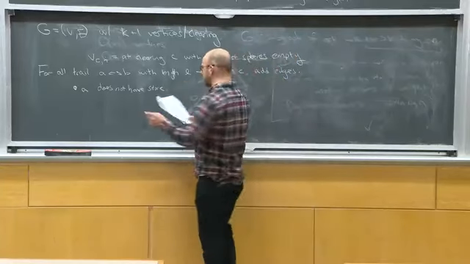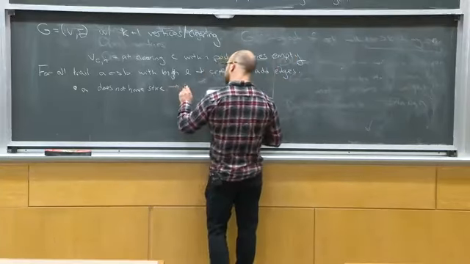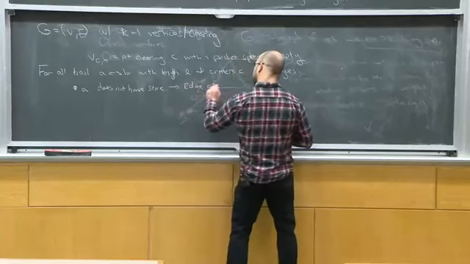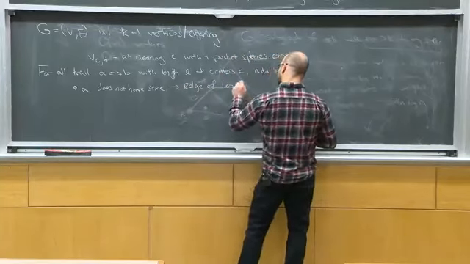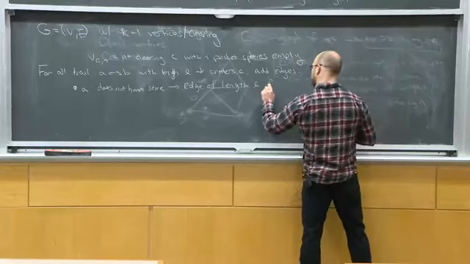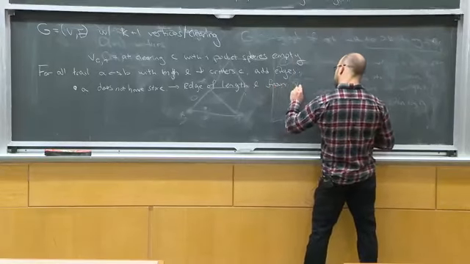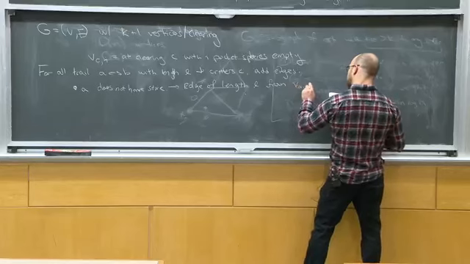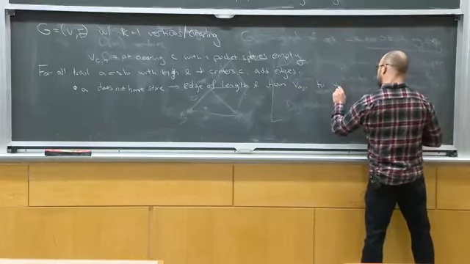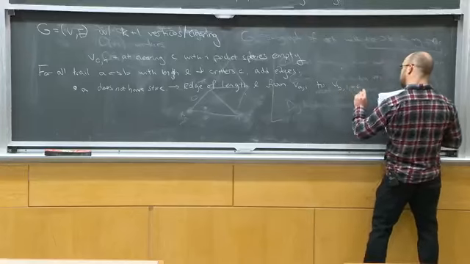So now I'm going to have an edge of length L, and I'm going to go from V A comma I to V B comma I minus C, right?